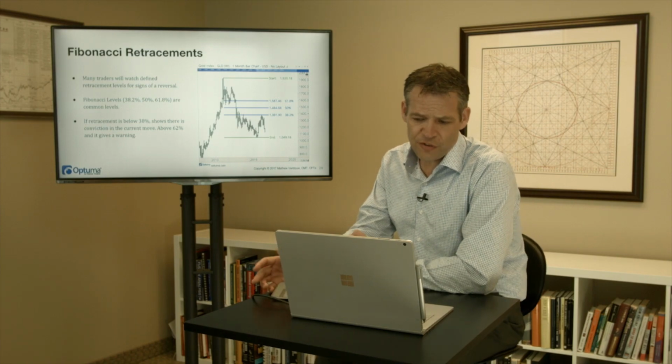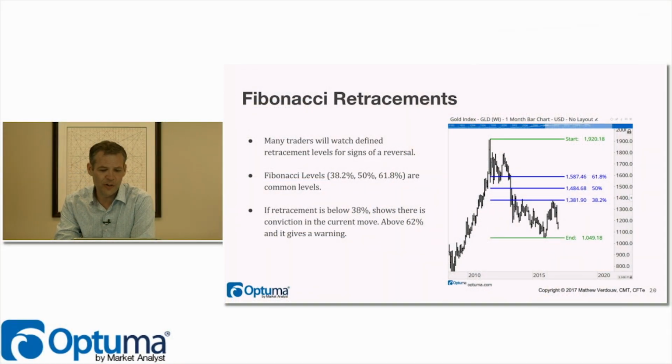So looking at this chart here, you can see that we've got this move down. We're coming from the top, where we started this, we measured down, and then we draw in these lines. We've got a 38% retracement, a 50% retracement, and a 61.8% retracement.